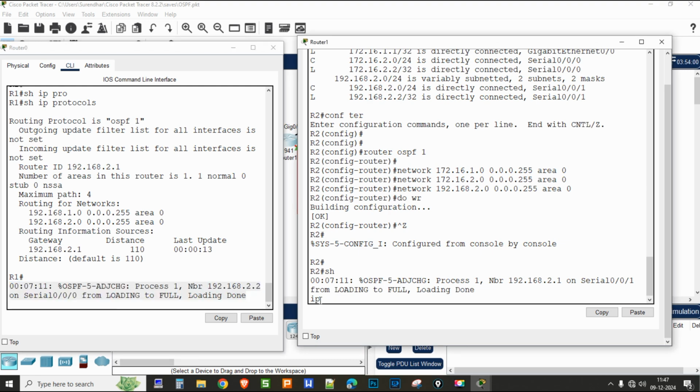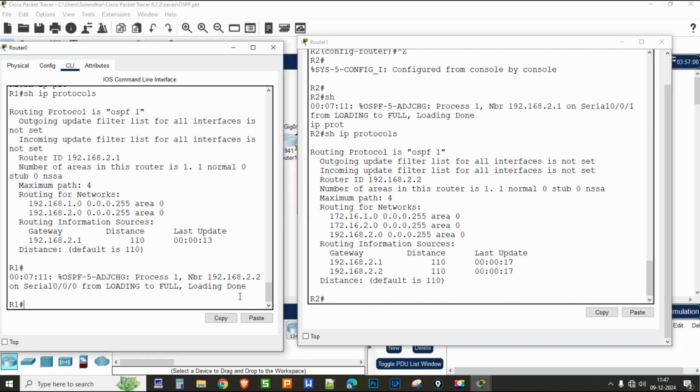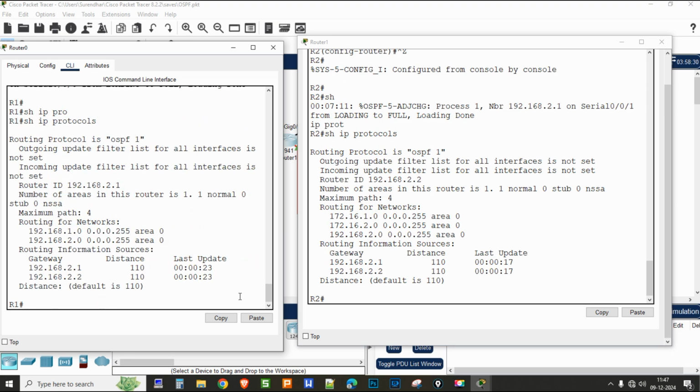Show ip protocols. Here the same OSPF value, then the highest router IP is the router ID, 2.1. Here you can compare which one has the higher value, 192.168.2.2. That is the interface ID. Maximum path 4. Here what other networks are connected? This path is nothing but exchanging the routing information via this gateway.